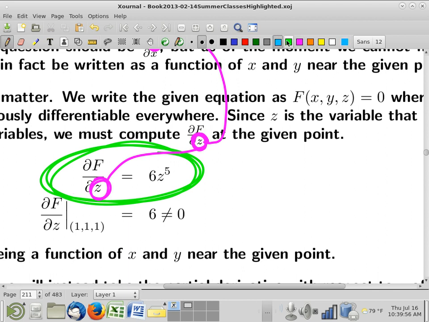Plugging in the point that we're interested in, plugging in x equals 1, y equals 1, z equals 1, and look at that, it's not 0. So having computed this partial, having gotten not 0 as our answer, I conclude by the implicit function theorem that, yeah, z is a function of x and y, and you can totally just proceed and compute the partial derivative you're interested in, and don't worry about any nasty problems because none are going to come up.